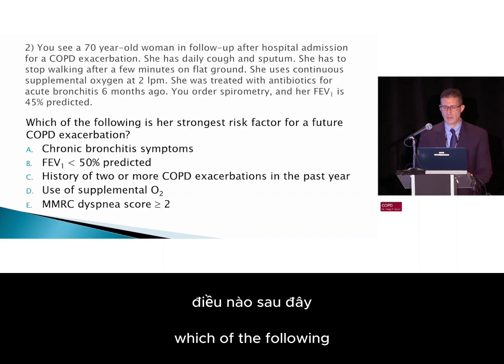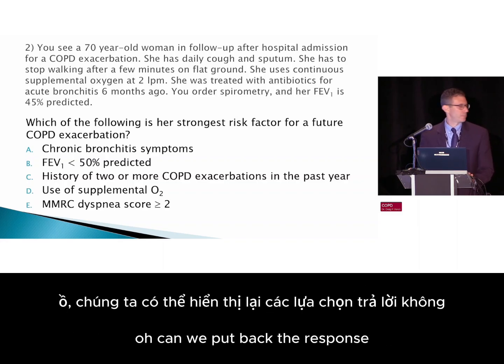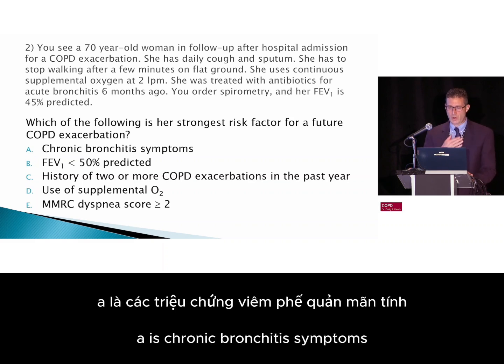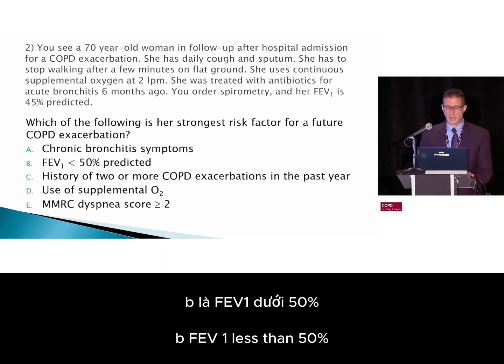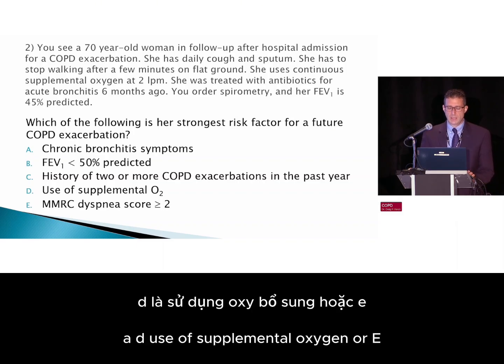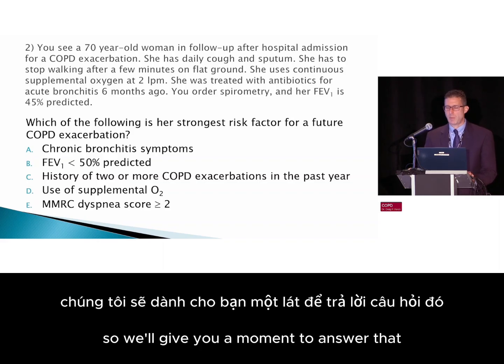Which of the following is her strongest risk factor for a future exacerbation? A is chronic bronchitis symptoms. B, FEV1 less than 50%. C, 2 or more exacerbations in the past year. D, use of supplemental oxygen. Or E, her MMRC score of 2 or more. So we'll give you a moment to answer that.